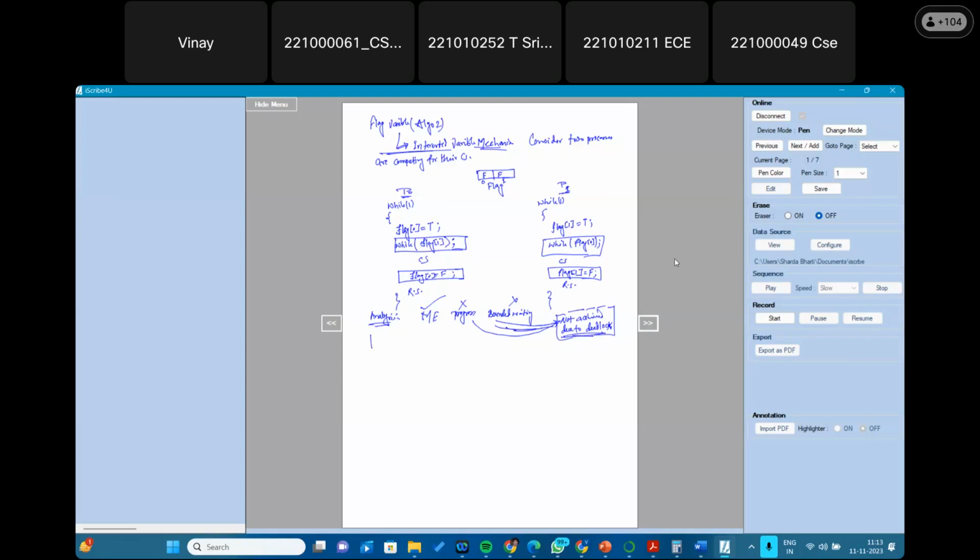So the first analysis is for ME. Initially we have considered that both flag 0 and flag 1 are false. Take a condition or case 1.